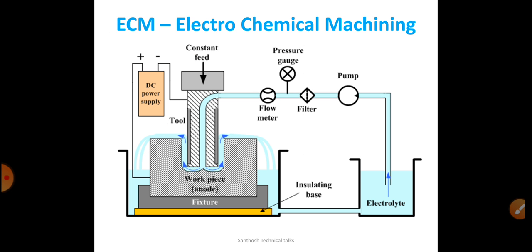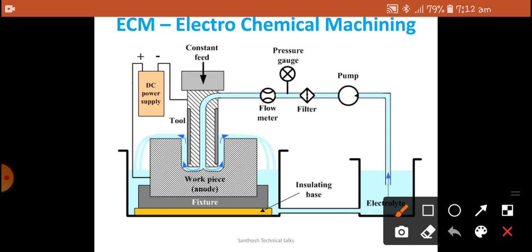Next is electrochemical machining. Here electricity as well as chemicals are used. The electrolyte is circulated over the workpiece, and the workpiece is connected to the anode and the tool is connected to the cathode. So DC supply is used. The flow of the electrolyte as well as the DC power supply will remove the unwanted material from the workpiece.